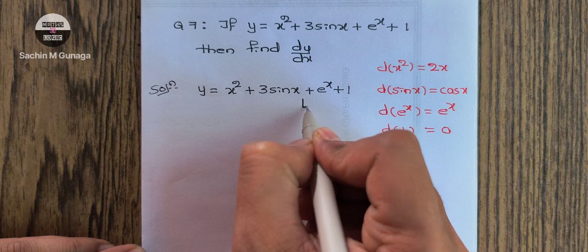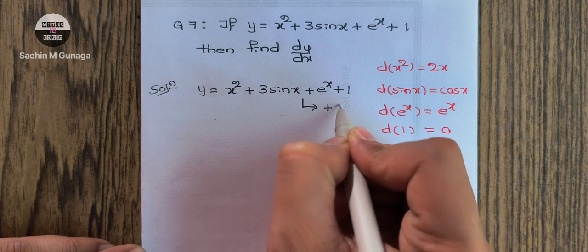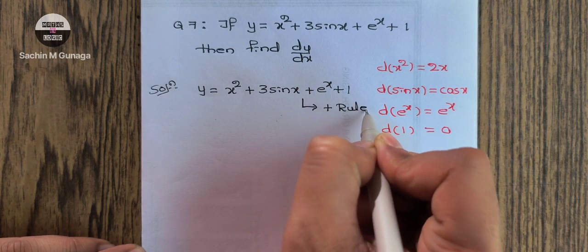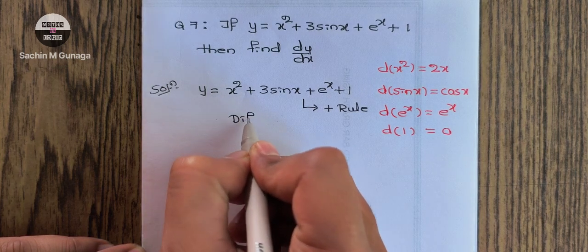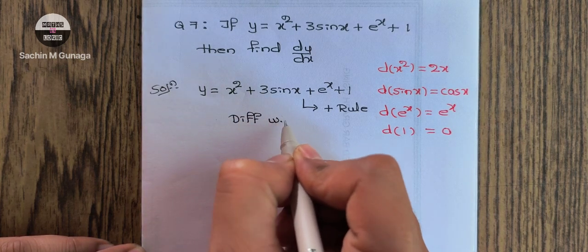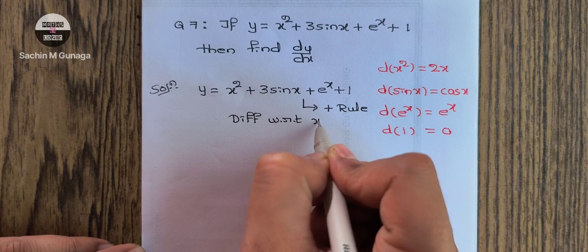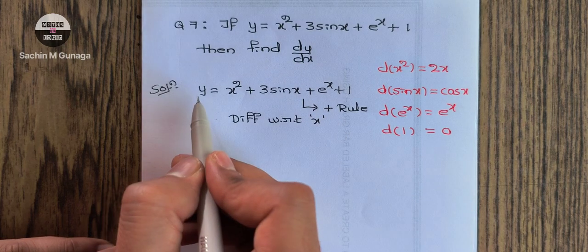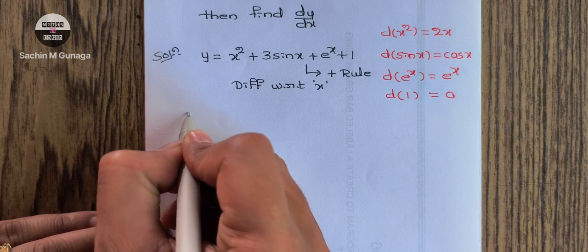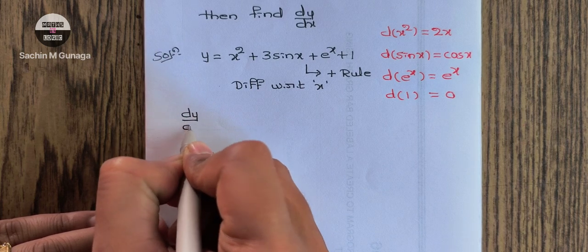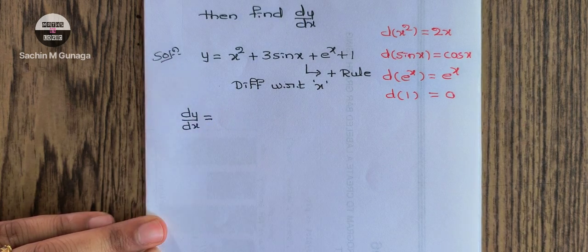So in the first step here we are going to apply which rule? Plus rule in differentiation. Therefore differentiate this given function with respect to x. So that time y differentiation with respect to x directly goes to dy divided by dx is equals to.